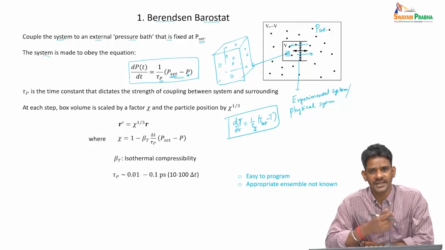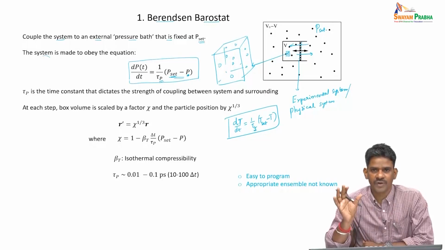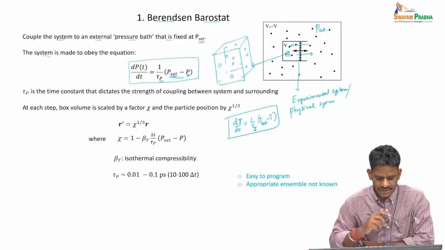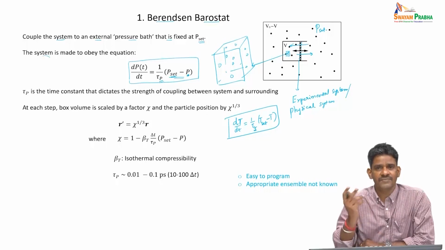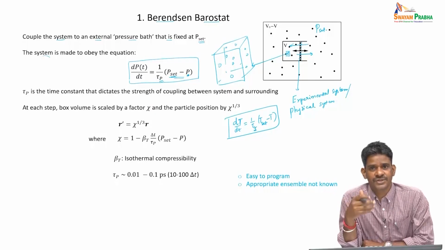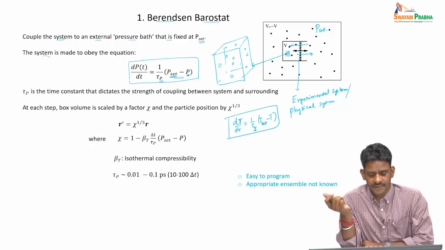The way we do that is we take the coordinates of the particles, and then we scale the particle coordinates with a certain scaling factor, in the same way we did in the Berendsen thermostat, where the velocities were rescaled by a factor lambda.